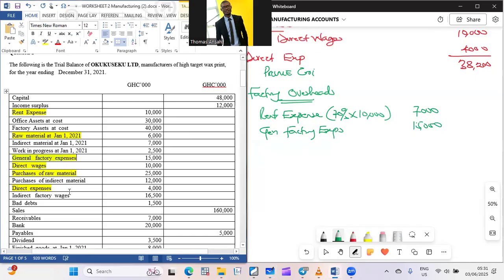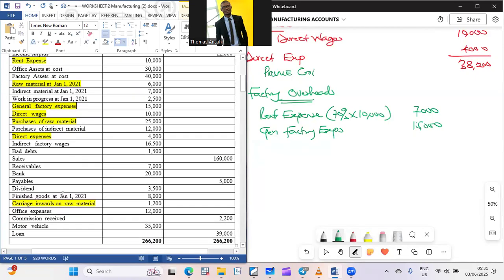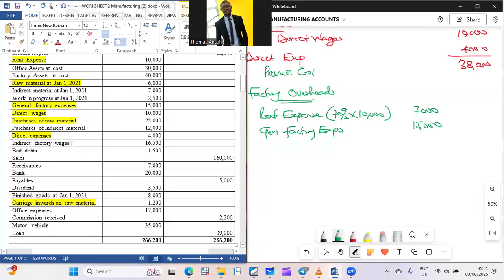Used. Indirect factory wages. It's factory, right? How much is that? 16,500. There you have it. Indirect material purchase.